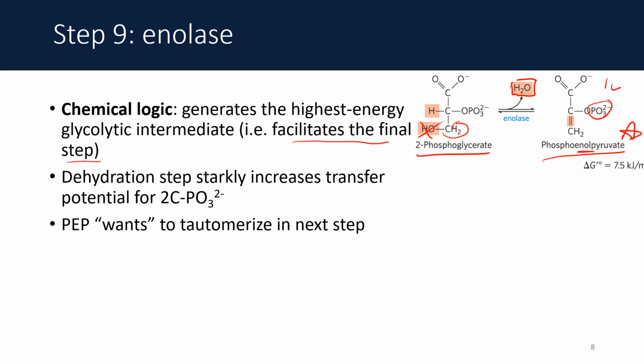And if you think back to organic chemistry, remember the enol-keto tautomerization process where enols will rapidly rearrange into a carbonyl. And so you can imagine that PEP, phosphoenolpyruvate, wants to do this tautomerization once we make it. And you can see how this would do wonders of kicking off the phosphate in the phosphoenol configuration.